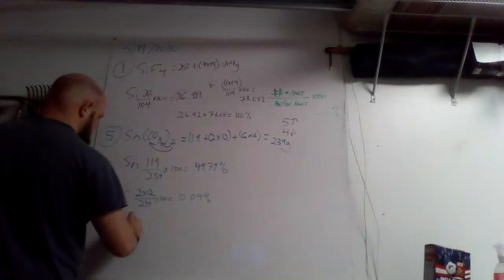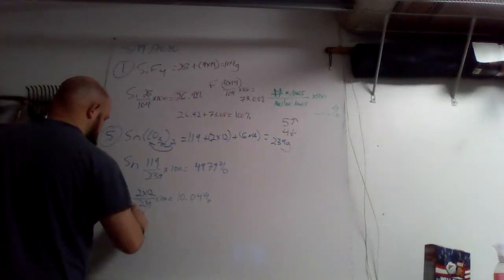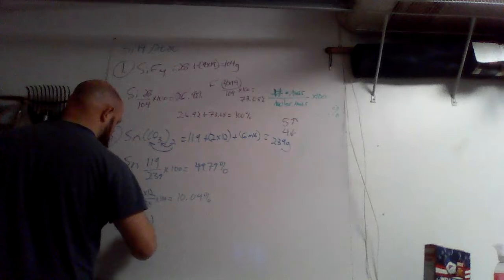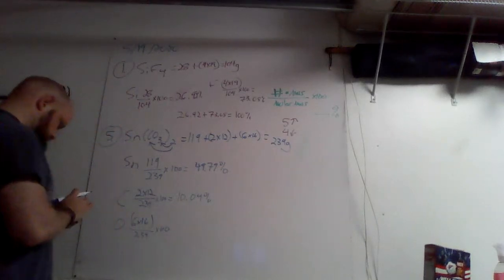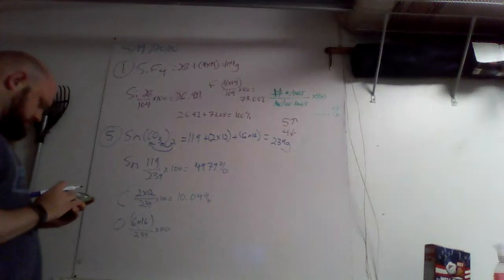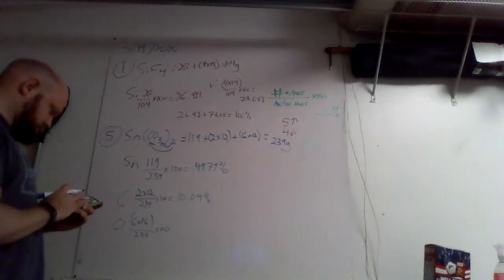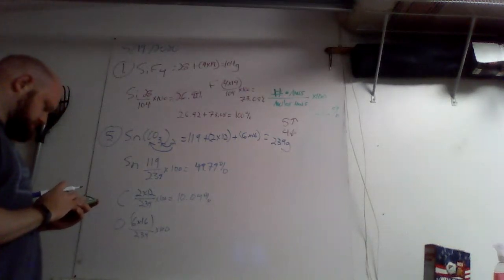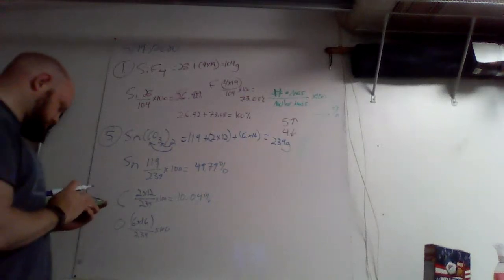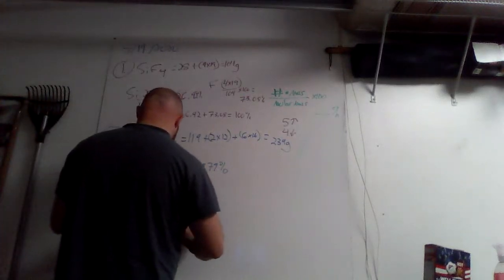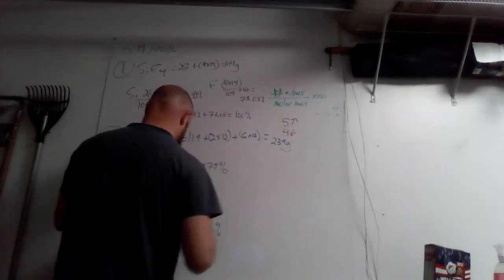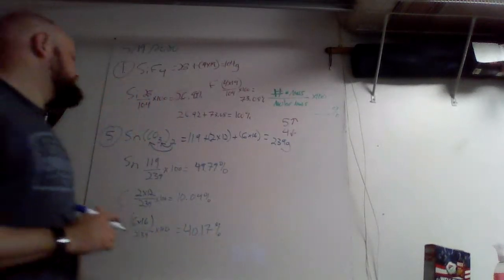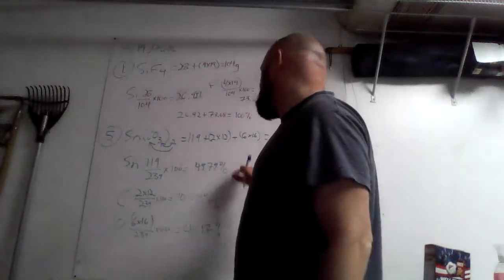And then let's do oxygen. So oxygen is 6 times 16 over 239 times 100. So I'm going to have 40.17%. Okay? Now, let's double check by adding them up.